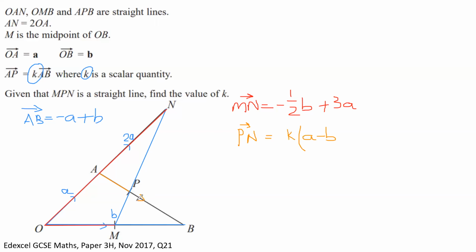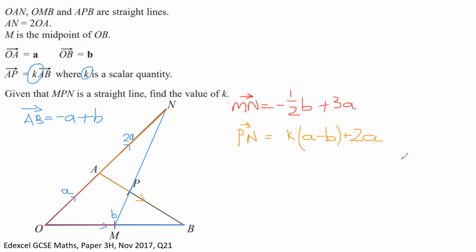So when we did A to B, that was heading in this direction. We're going backwards, so we need to reverse the signs. Okay, so we've got this first bit here, and then we need to go along this section here to get to N. Again, that one we know, because that is going to be plus 2A.